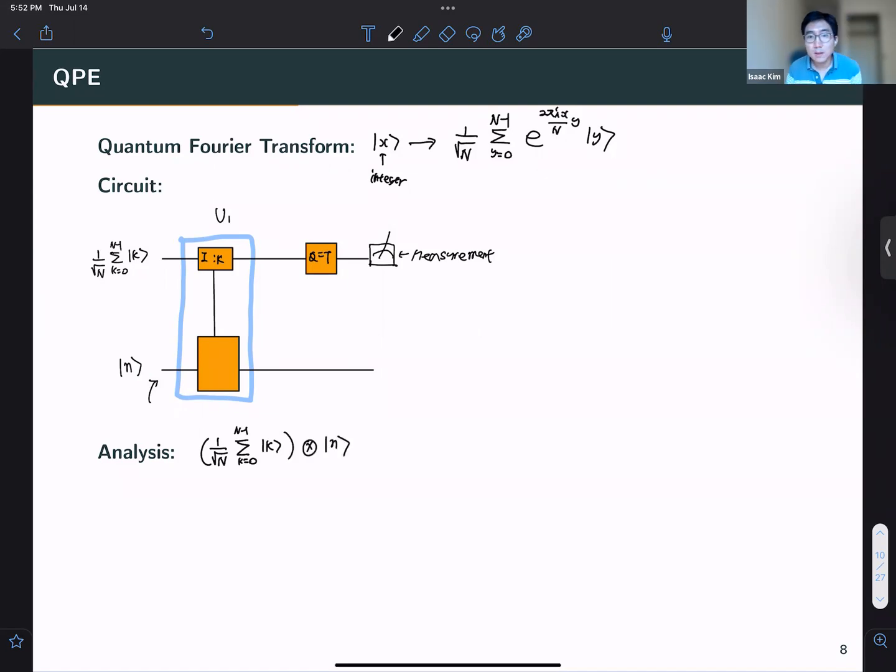And let me remind you that N was the energy eigenstate. The next step is that we apply this unitary U1. So what does that do?